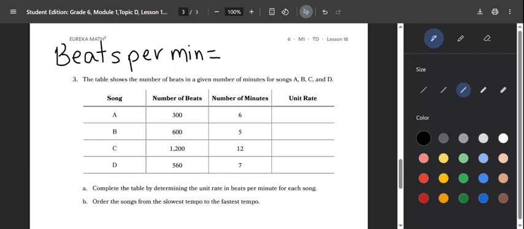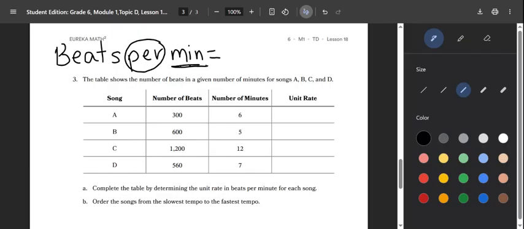So in this case, we want minute to be 1. Remember, I told you whatever comes behind the word per, that's what you want to be 1, because per means for every 1, and in this case, minute.